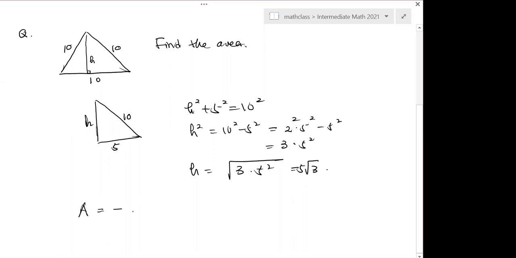Then the area is half the base times the height, so it's going to be 25 square root of 3. Now, when you do this type of problem, what should you do next step?